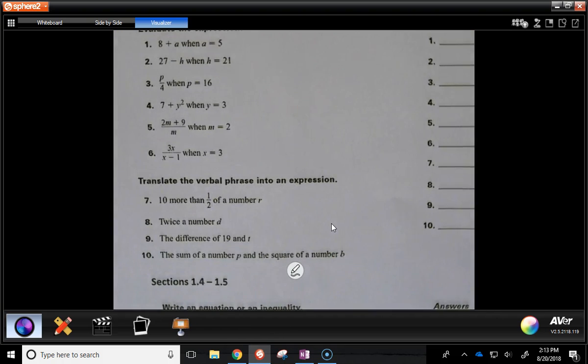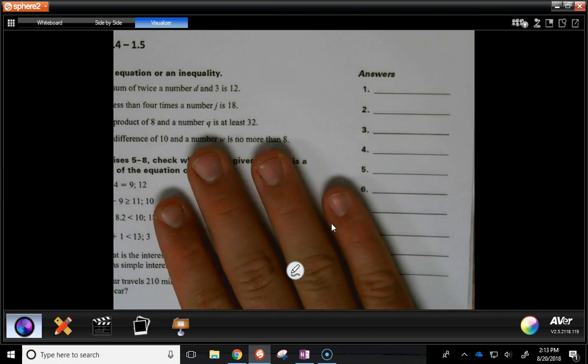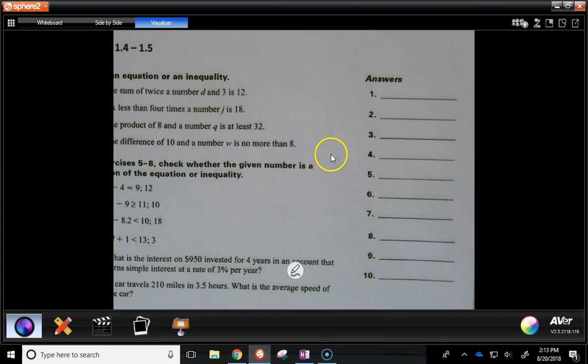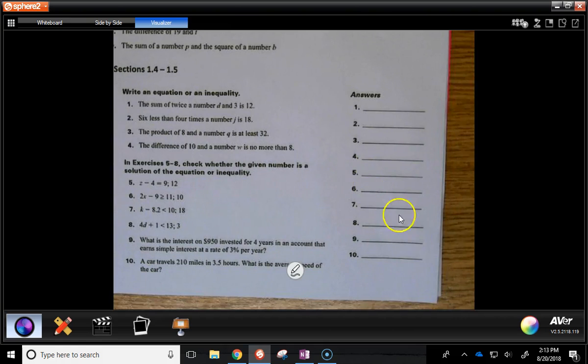On the bottom half, I'm going to scroll out for you. Zoom out. Same thing. Write an equation or inequality. The difference here is we might be using less than, equal to, less than or equal to, and so on. Number 5 through 8, the tricky part, substitute this number.